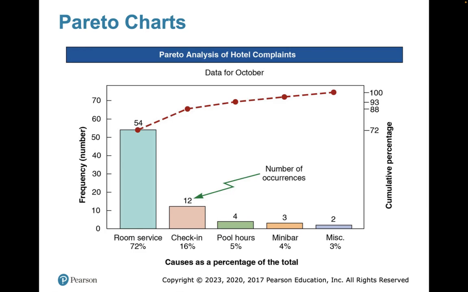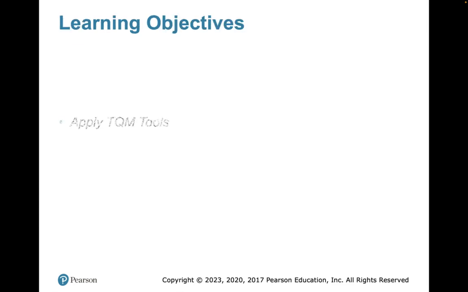So again, those are just some tools about TQM. We'll definitely spend a little bit more time applying these tools in class, but you should have an understanding of the scatter diagram, the fishbone or cause and effect diagram, and finally the Pareto chart.